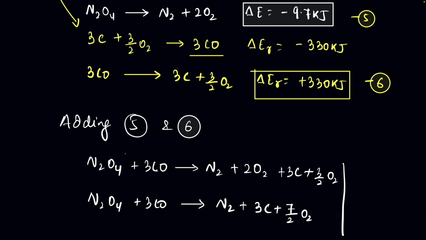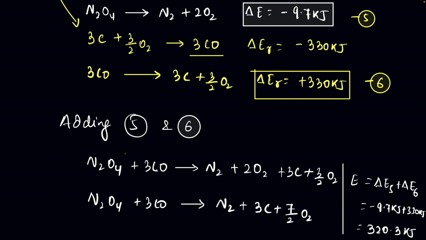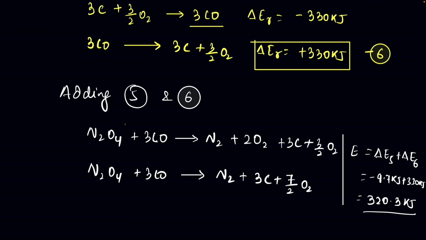And the energy will also be added here. So total energy will be equal to the energy of 5 plus the energy of 6. So it is minus 9.7 kilojoule plus 330 kilojoule, which is equal to 320.3 kilojoule. So we got the energy based on the addition of 5 and 6.